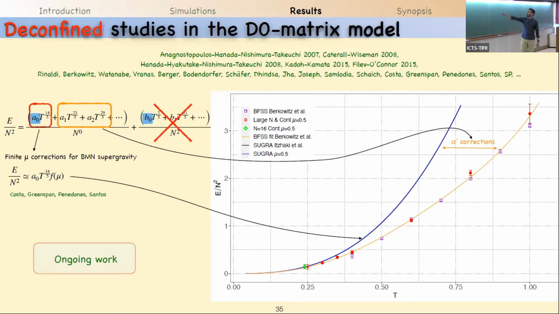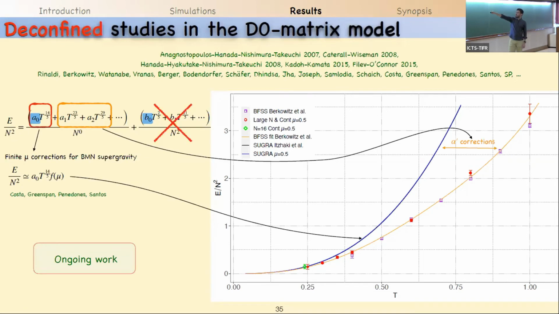And here I'm showing the BFSS points, which were also reported in David's talk, highlighted here in purple. And the new points that we were able to construct were these red ones. So these red ones are large n and continuum, but with finite mu, which is the mass.